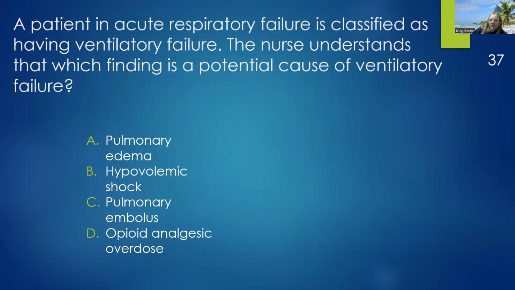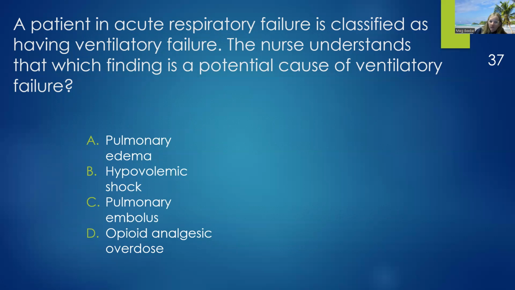All right, let's look at this patient. A patient in acute respiratory failure is classified as having ventilatory failure. The nurse understands that which finding is a potential cause of ventilatory failure? We've got pulmonary edema, hypovolemic shock, pulmonary embolism, or opioid analgesic overdose. So, ventilatory failure.